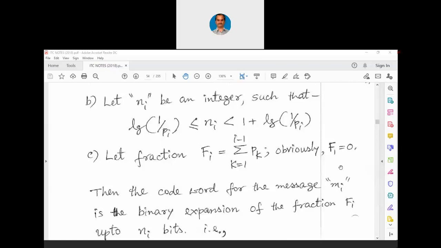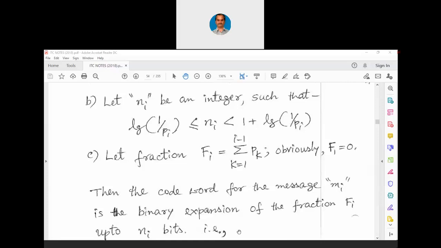But how do you convert fractions into binary? For converting fractions into binary, you should go for the other counterpart. Instead of continuous division, you should go for continuous multiplication. By means of continuous multiplication, that particular fraction has to be converted into binary. And when we arrive at that binary word, we decide about the length of the word as up to ni bits, because we have defined already what is ni, and we will choose that particular code word.